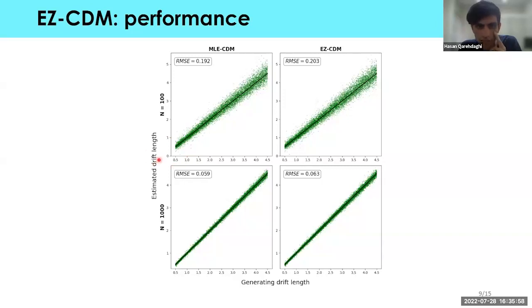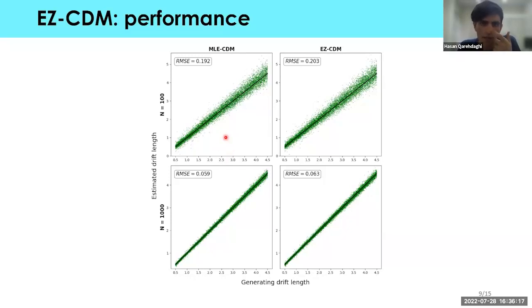Here for drift length, I used 0.5 to 4.5, which encompasses the natural values that we may encounter in behavioral data.